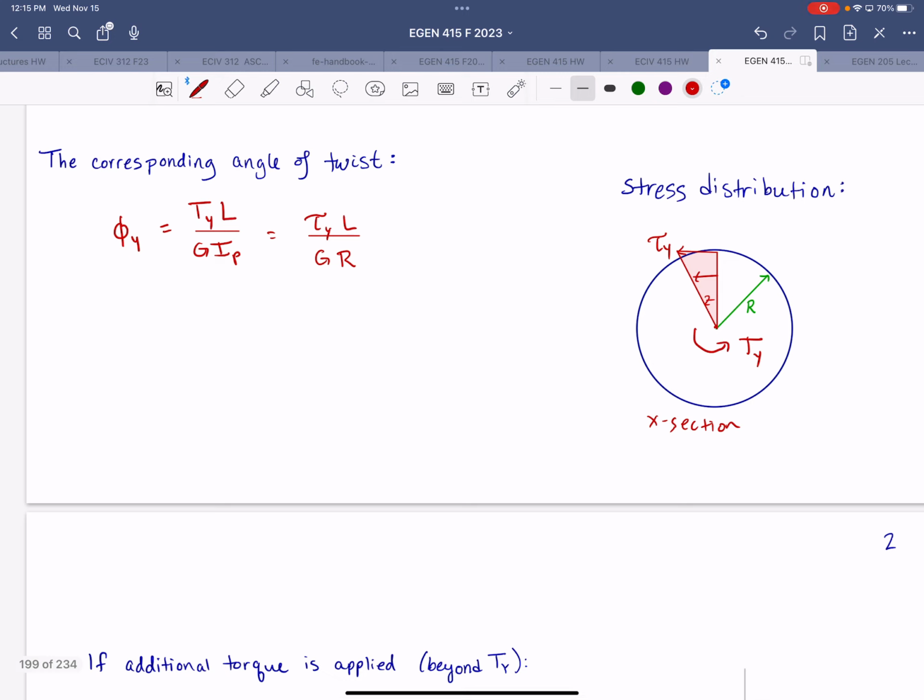All right, so now recall the shear strain for torsion. In general, gamma is the symbol that we use for shear strain, and it doesn't matter if it's torsion or otherwise.